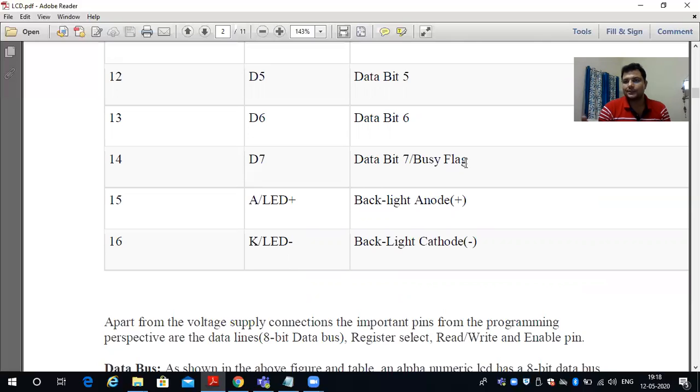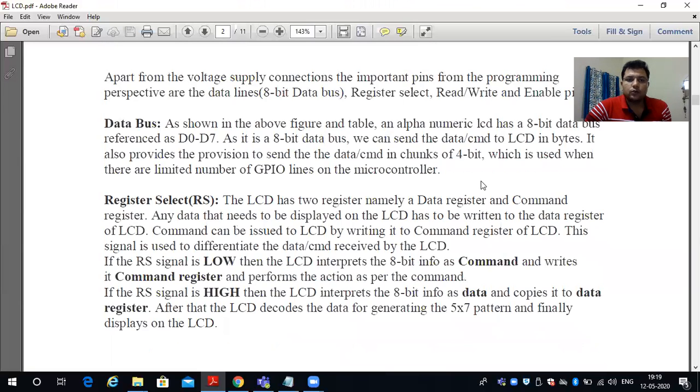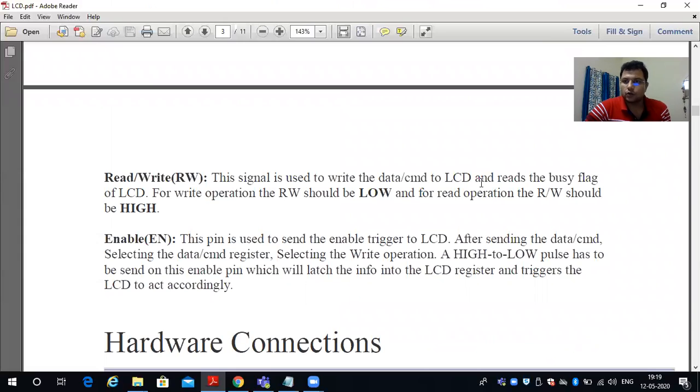So if some data is there over the data line, that would itself act as a busy flag, and then we'll come to know that something is there over the display, and then the subsequent read operation can happen. So that is all about the read write. If we have to write anything, then read write should be 0. If we want to judge whether something is over the display and then subsequently read it, then we will look for the busy flag, which is the D7 flag, and at that time the read and write signal should be 1.